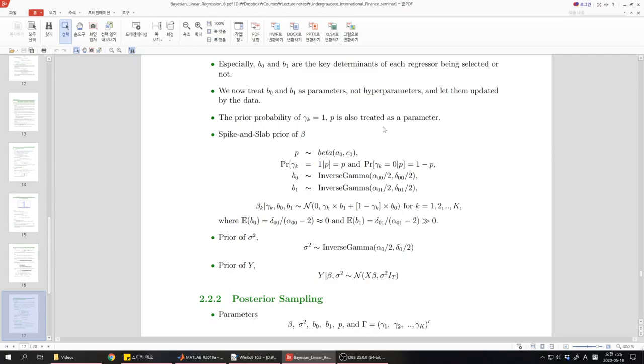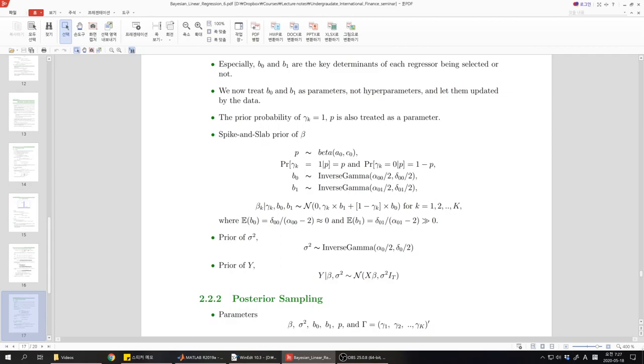So P determines the overall probability of importance of each variable, or identifies the number of important regressors among the potential regressors. So P is just a proportion: the proportion of important regressors among all regressors considered in this regression.